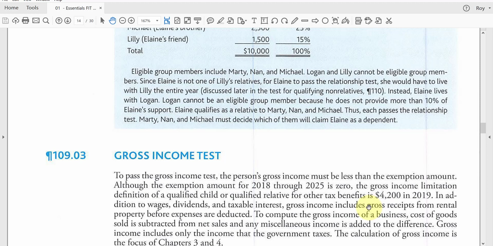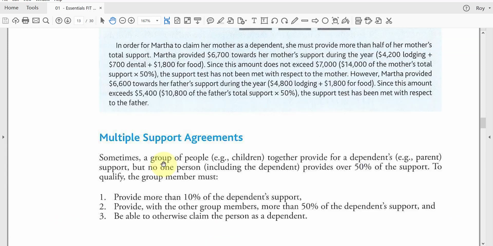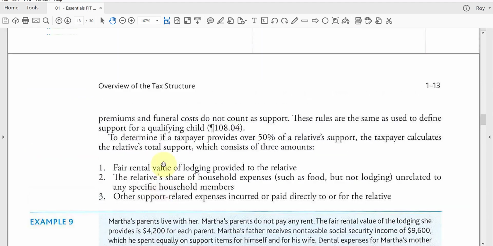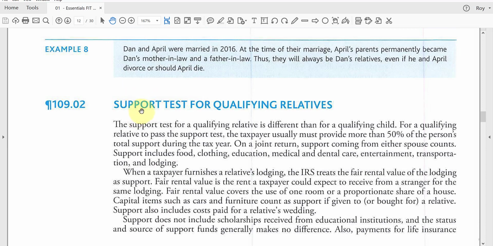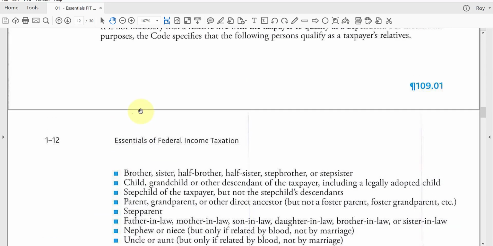Now, what's sometimes confusing is the difference between income, that's what's being earned by our dependent, and the support costs, this is what's being paid out by the taxpayer. Yeah, again, going back to this section over here.